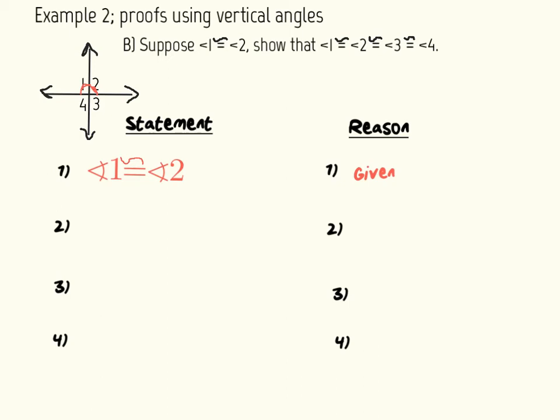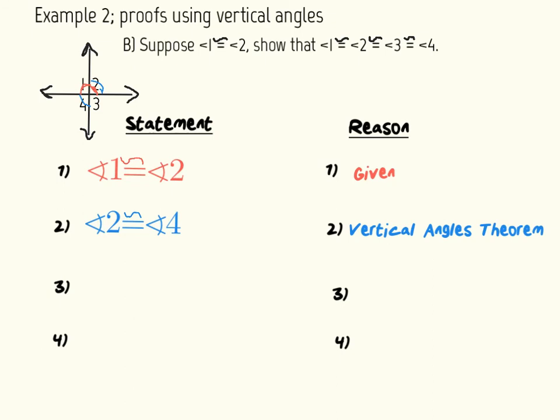Now the next step is to show that everything else is also congruent to those two things. So we can do this by a process of elimination. We're going to start with the idea that we know that angle 2 is also congruent to angle 4 because of vertical angles. Angle 2 is congruent to angle 4 by the vertical angles theorem.